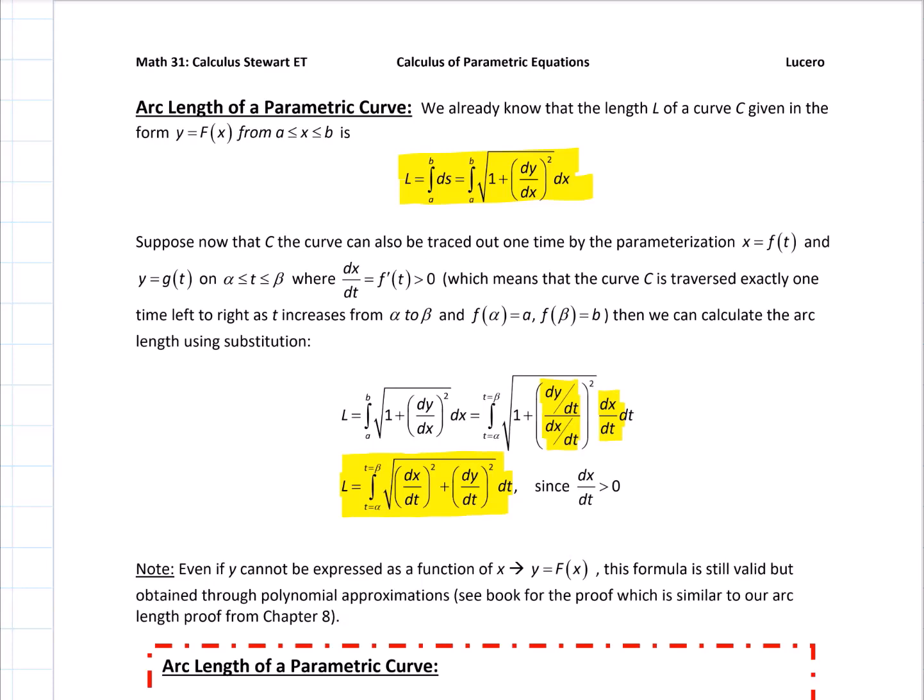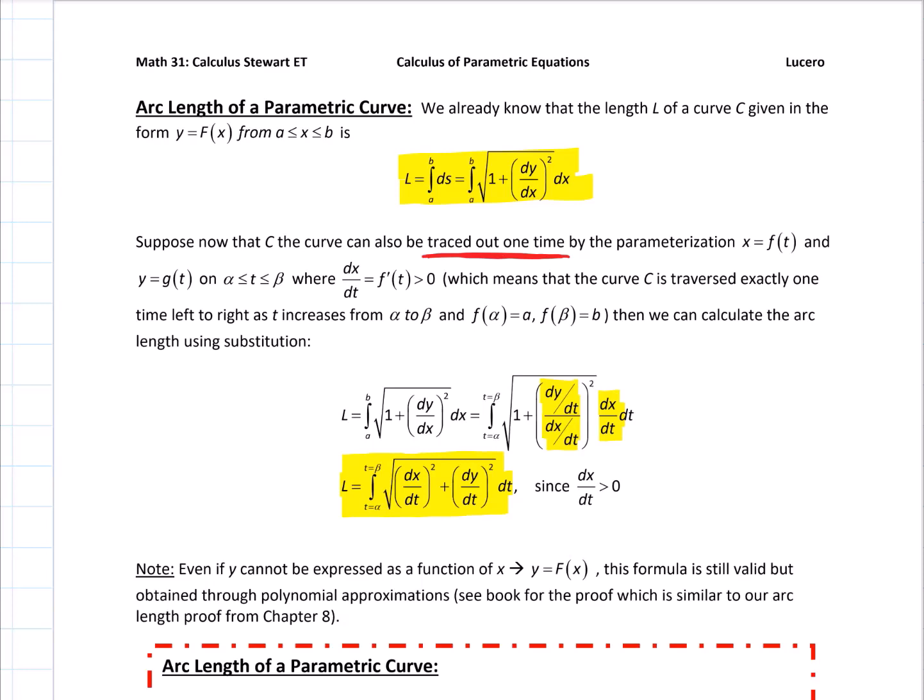We have to say we're traced out one time, because it turns out with parameterizations you can go around a curve multiple times as you increase the parameter. Think of the circle, for instance. You trace a circle out once from 0 to 2 pi of the parameter, but if you allow the parameter to keep increasing, you'll continue to cycle around the circle.